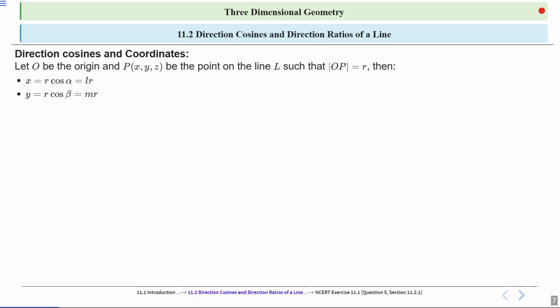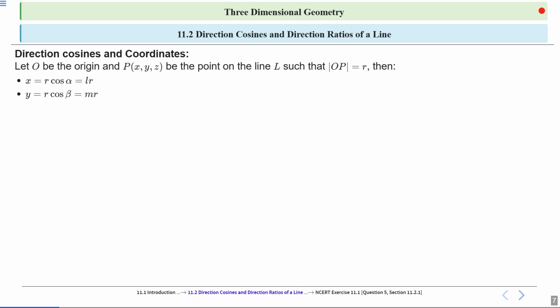Next, for the y coordinate, we have y equal to r cos beta, or it can also be written as y equals m times r. So beta is the angle between the line OP and the y-axis, and m is the direction cosine along the y-axis.